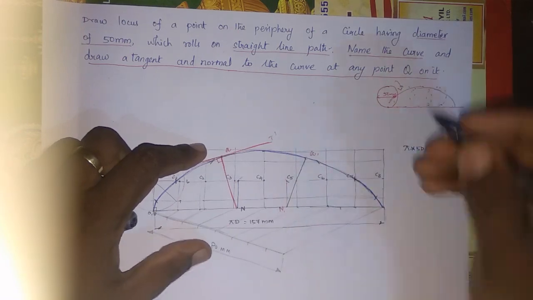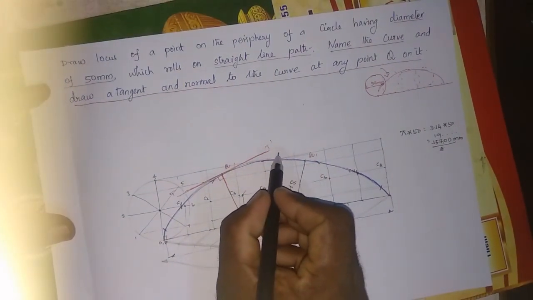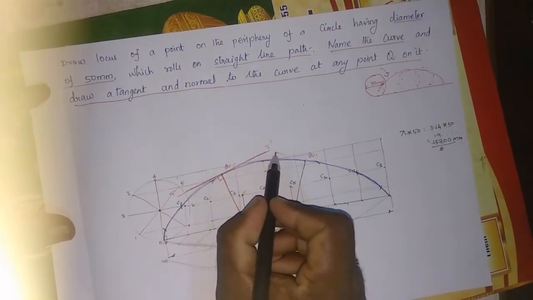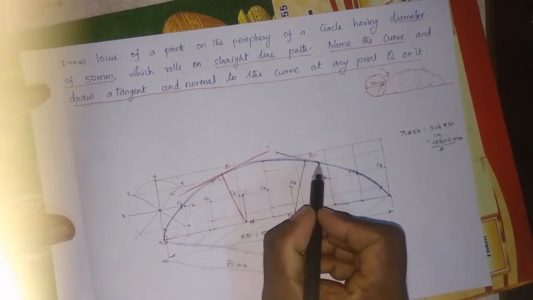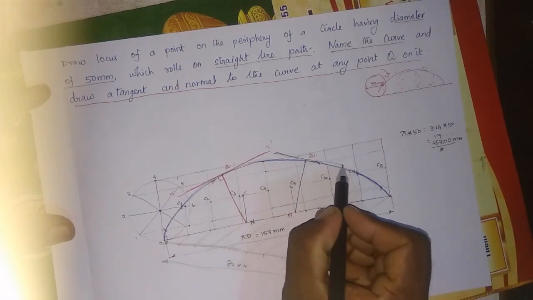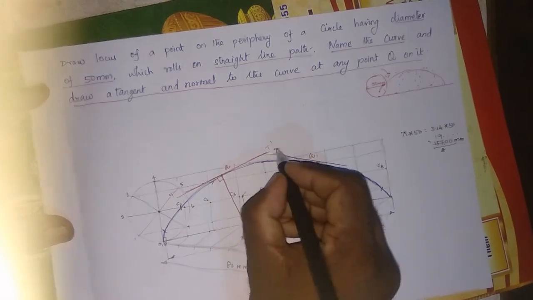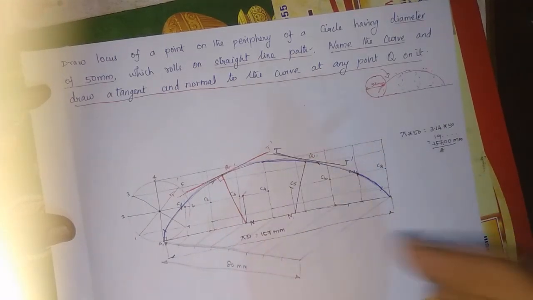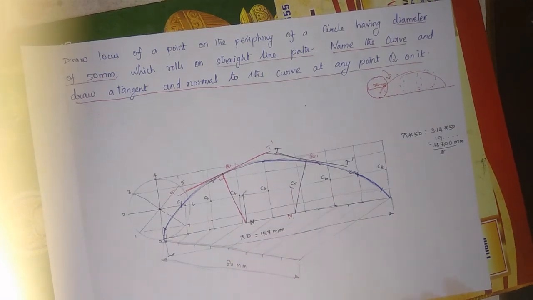So this is the normal, and perpendicular to that normal is T dash, that one is the tangent. Okay, so this is the way to draw the cycloid and a tangent and normal.